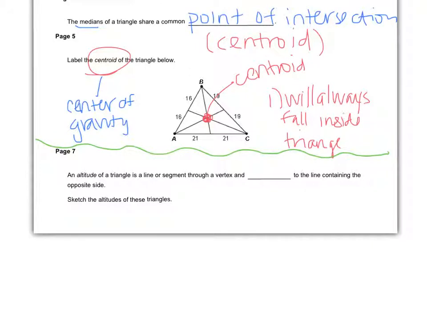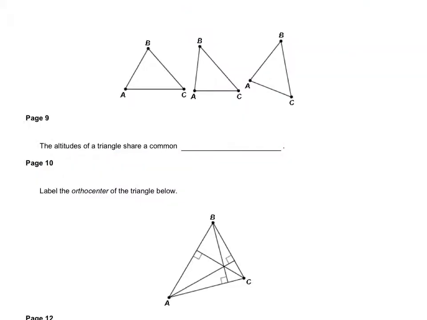So altitudes are lines or segments through a vertex and perpendicular to the line containing the opposite side. So looking at these particular triangles, what the altitudes do is they go from the vertex and they go straight down to the other side so that they're perpendicular. So I could draw one from A, and it would be perpendicular here.